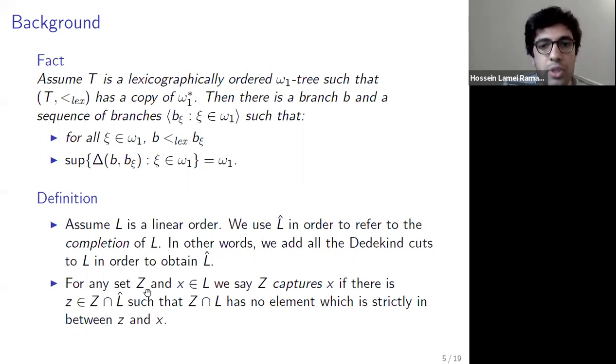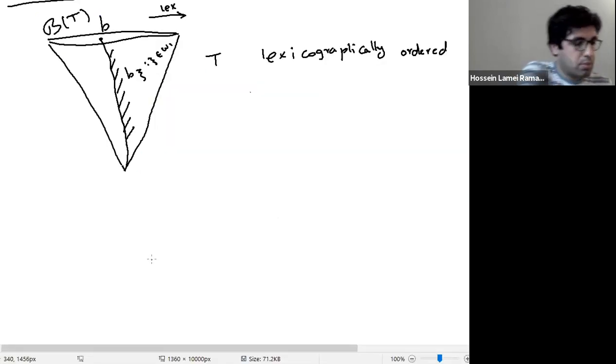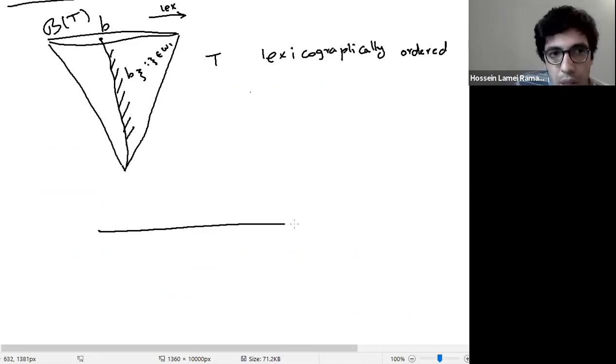Note that Z is an arbitrary set, and we're interested in cases where this Z is a sufficiently large countable submodel of some H theta. Here is what it means to capture. We have this L, and we have the elements of Z, let's say Z intersected with L, and suppose X is here.